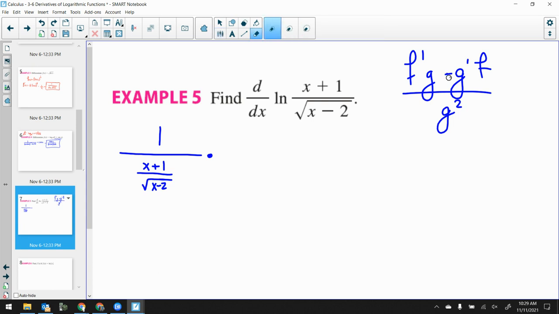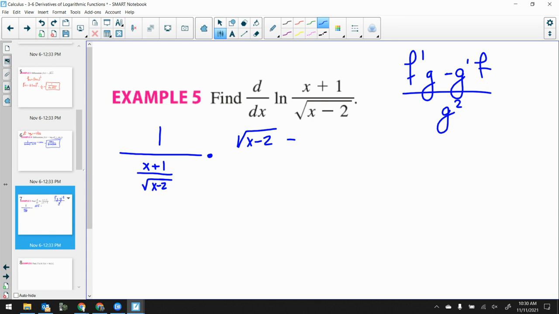That would have stung. All right, so f prime is just 1, right? The derivative of the numerator is 1 times the original g. I'll just turn that into a square root, the square root of x minus 2, minus g prime f.